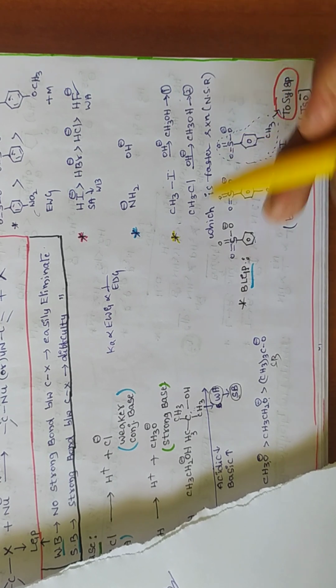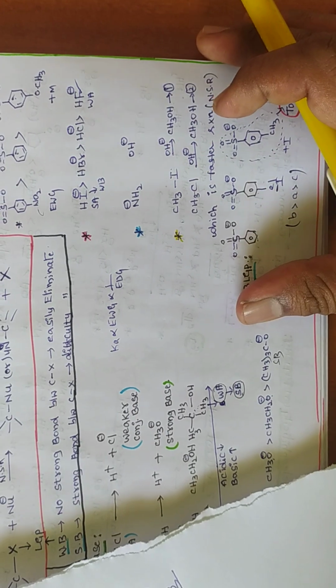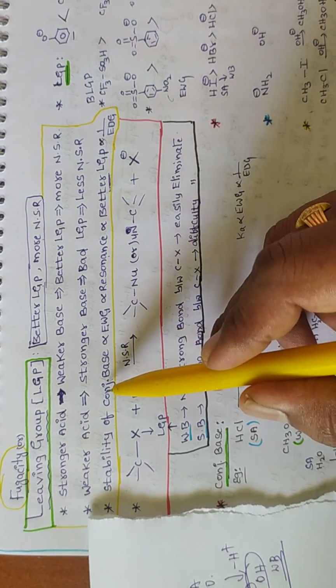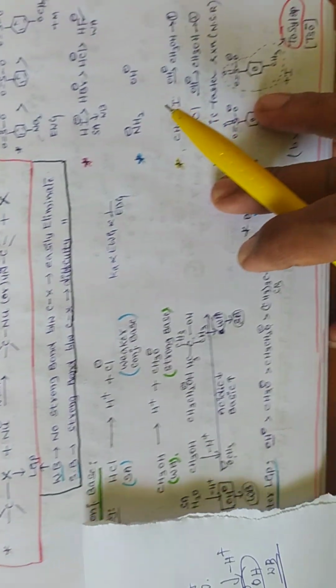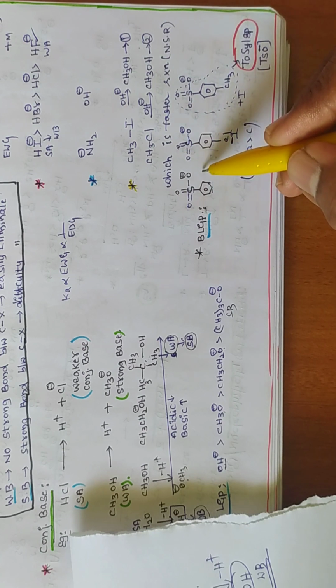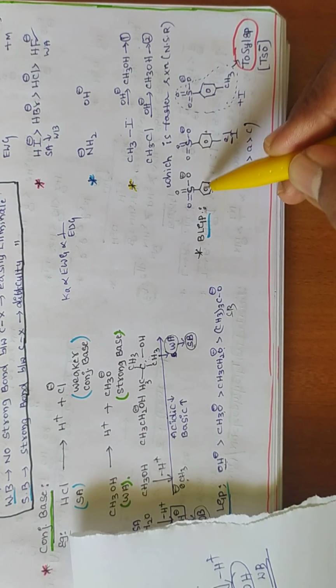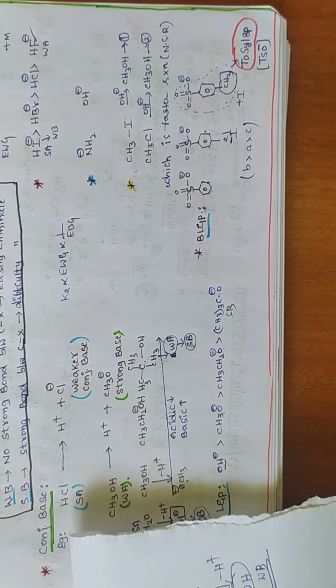Electron donating groups are destabilizing the conjugate base. Electron withdrawing groups are stabilizing the conjugate base. More the stability of the conjugate base, better the leaving group, more the nucleophilic substitution. So therefore this is better than this one, because of the electron donating group in the other.